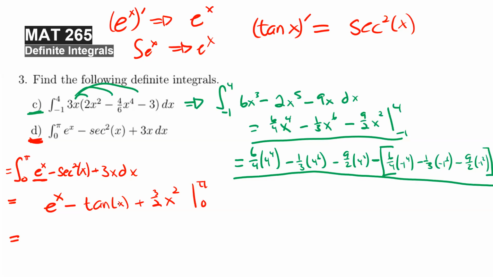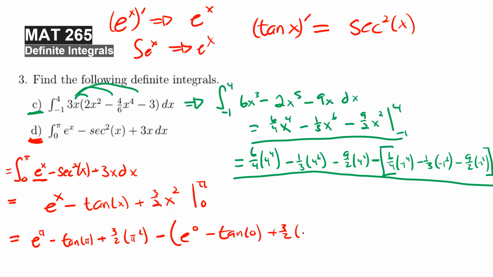Then we can plug in our bounds and evaluate: e to the pi minus tangent pi plus 3/2 pi squared, minus e to the 0 minus tangent 0 plus 3/2 zero squared.